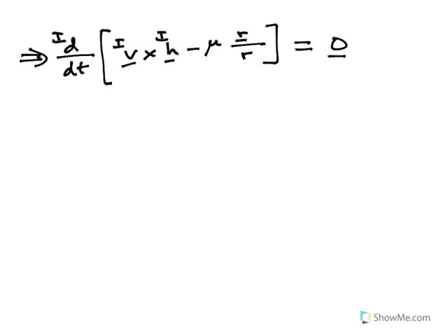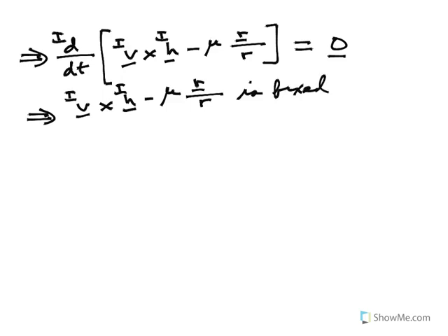So now I have the rate of change of some quantity here, which is equal to 0, which means that the quantity that's in the square braces must be fixed in the inertial frame. So that implies that vi crossed with hi minus mu times r all divided by the radius is fixed in the inertial frame.